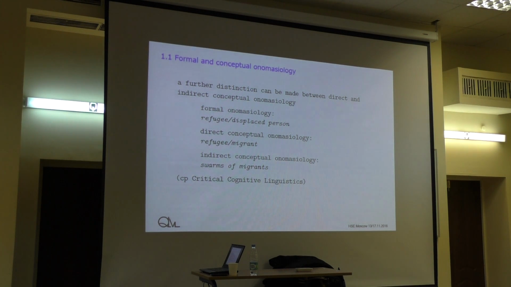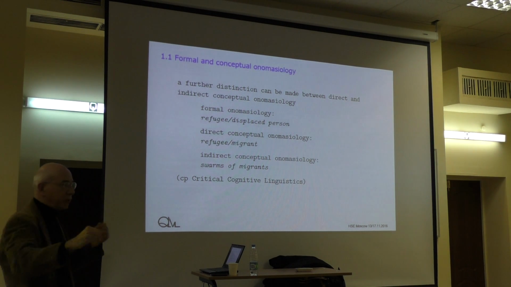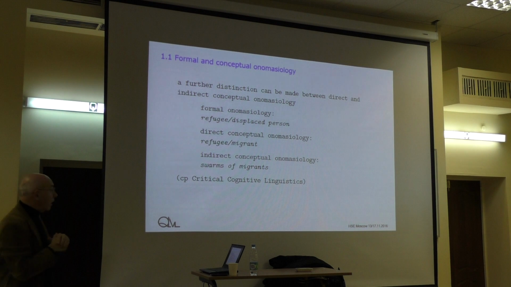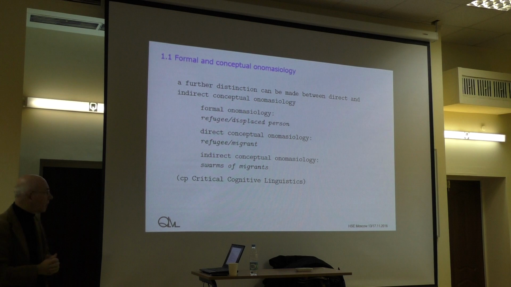So the example I gave was one of naming something. What is this? Pair of trousers, breeches, whatever. That's direct naming. But the conceptual perspective that you introduce through the language is sometimes embodied in peripheral elements.